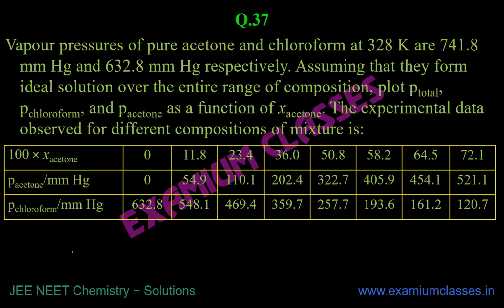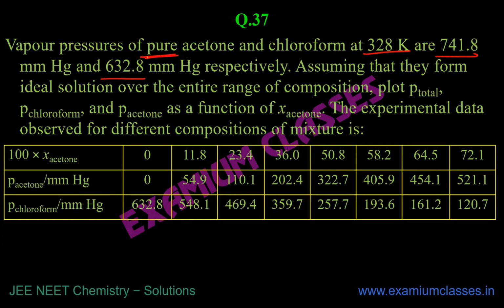Next one. This question I will just give you an idea of, because this question cannot be asked. This is very time consuming, so it will not be asked because you will have to do many calculations, but it actually helps you to understand the concepts. So vapor pressure of pure acetone and chloroform at some temperature are 741.8 and 632.8 mm.